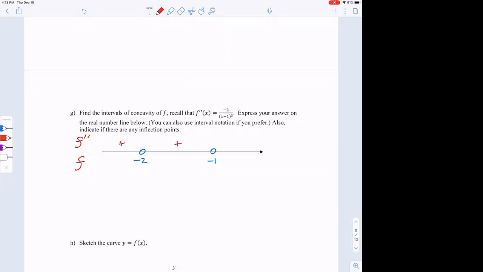So I'll put a plus sign there. And then finally, if I plug in like 100 or something like that, then it would just be negative in the numerator. So that would be a negative result for that second derivative. So concave up, and then concave down.